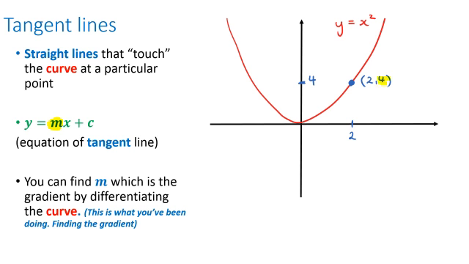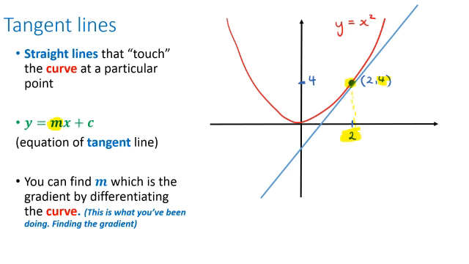Okay? Next thing is, well, at this point, you've also got a tangent line. You've got this straight line that touches. You see, this touches that point at x equals 2. At that very point right there, it has a tangent line. Okay? And this is what I'm saying.